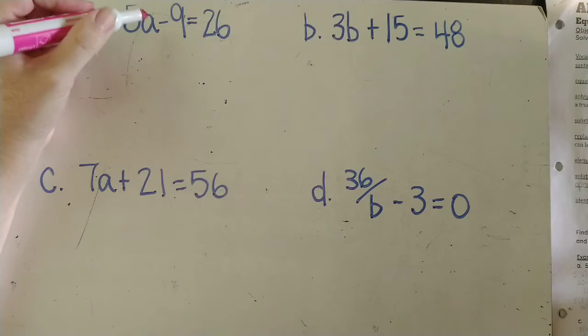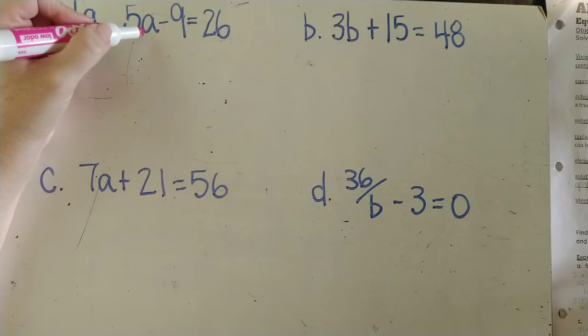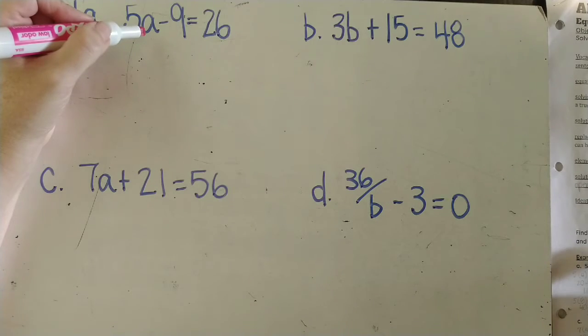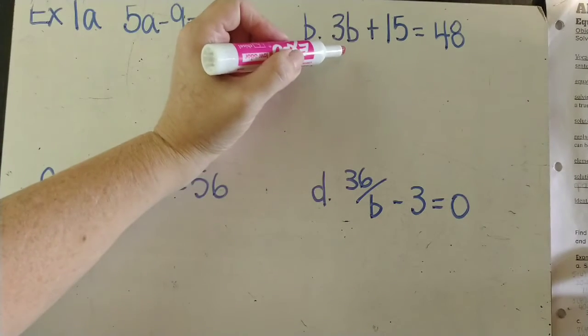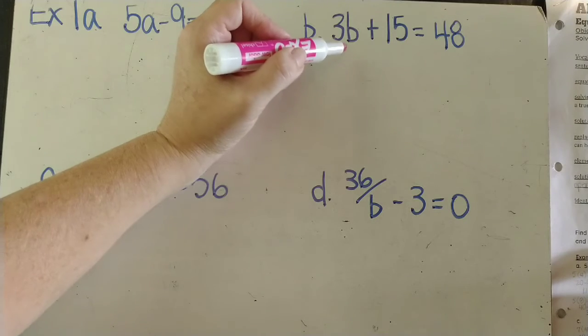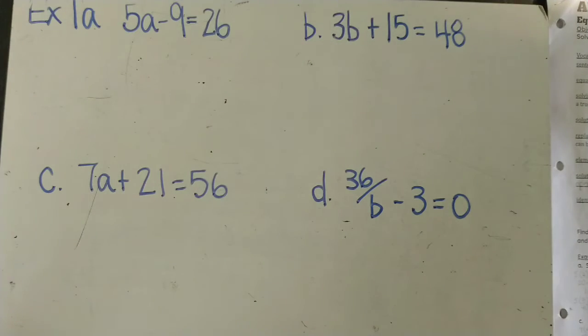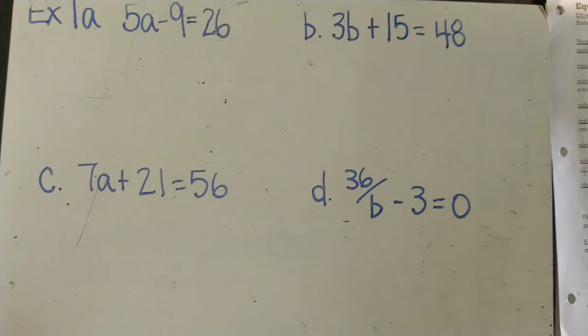For A, we're going to see which solution from the replacement set 4, 5, 6, 7, 8 would be our answer. And on B, we will be using the replacement set 9, 10, 11, 12, and 13. So basically what you have to do is substitute values in for the variable and see which one would make it a true statement.